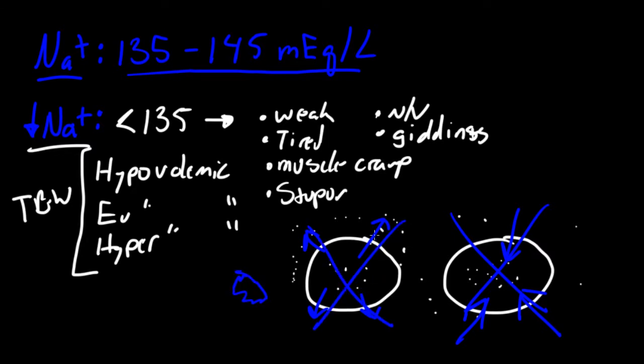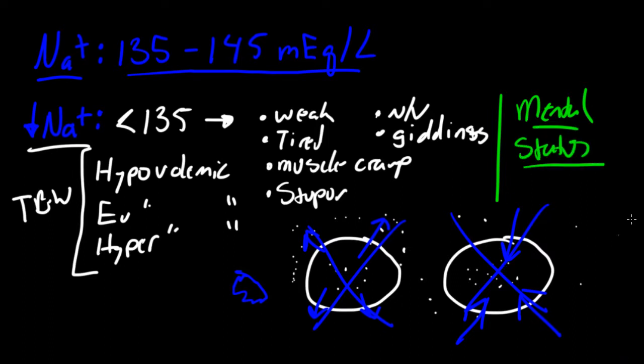So just think about plasma volume when all this rushes in and out of the cell, and what it could do to your brain. Altered mental status, cerebral edema, and encephalopathy are all signs of sodium derangements. I'm going to leave this here for hypernatremia also.